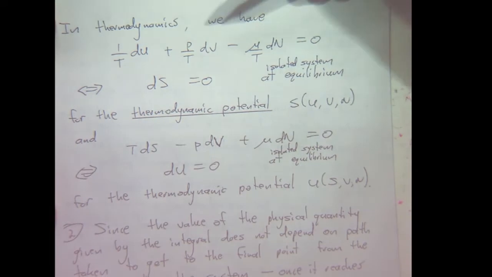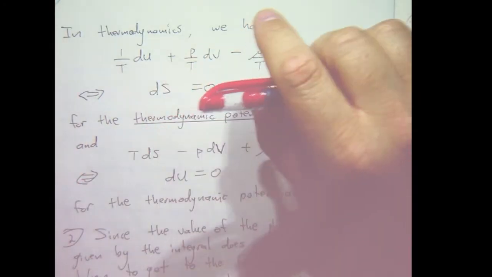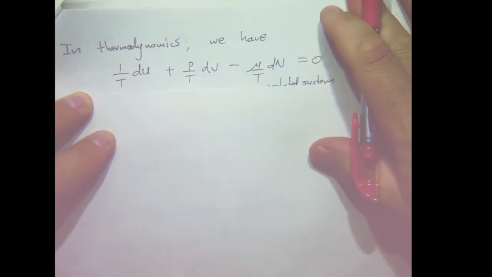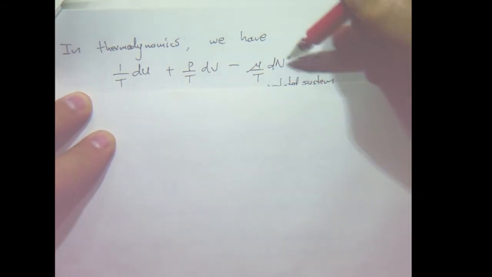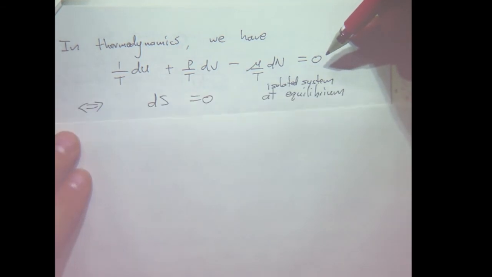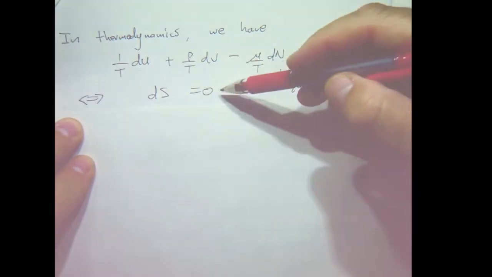Now what about in thermodynamics? In thermodynamics what we have is 1 over T dU plus P over T dV minus mu over T dN equals 0 if and only if dS equals 0.